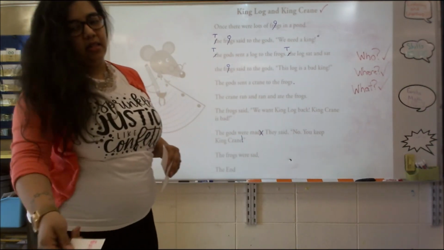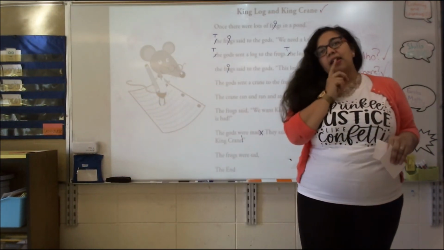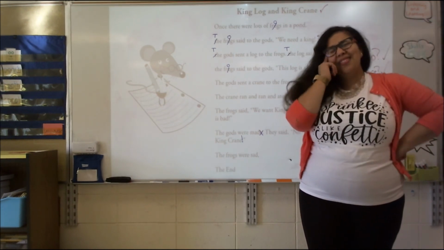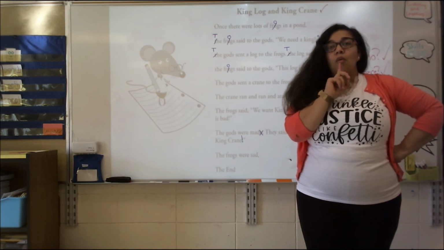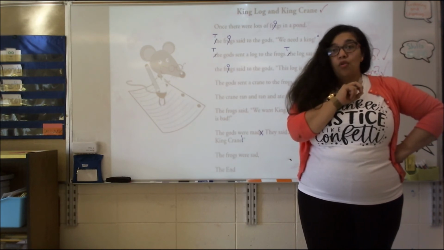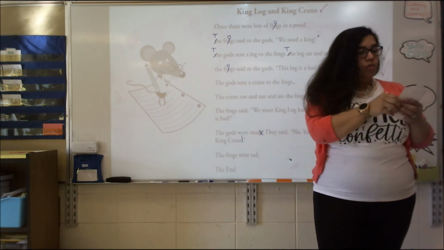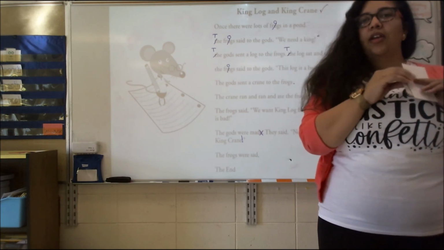And last question about this particular story. We know that this is a fable because the title of our book is Fables. By it being a fable, there are a couple rules. One of those rules is that it must have a moral or a lesson, which is the message for the reader. What was the lesson of King Log and King Crane?